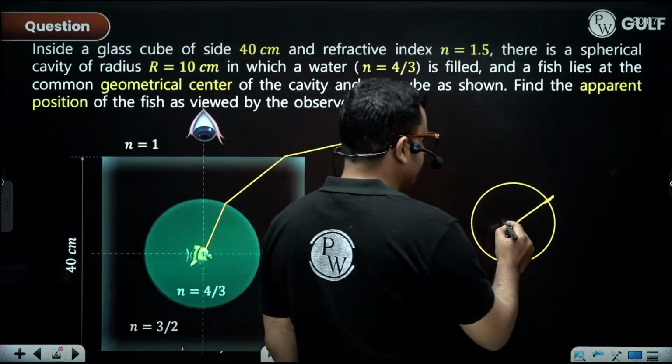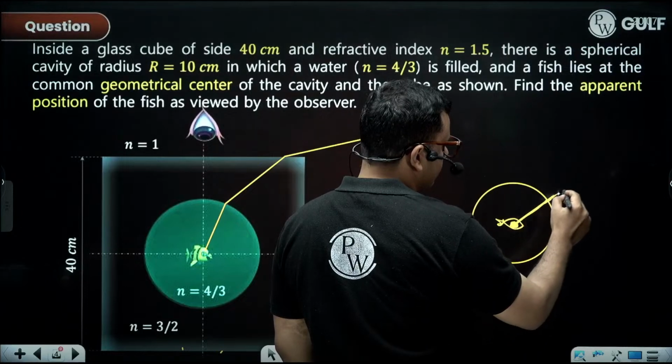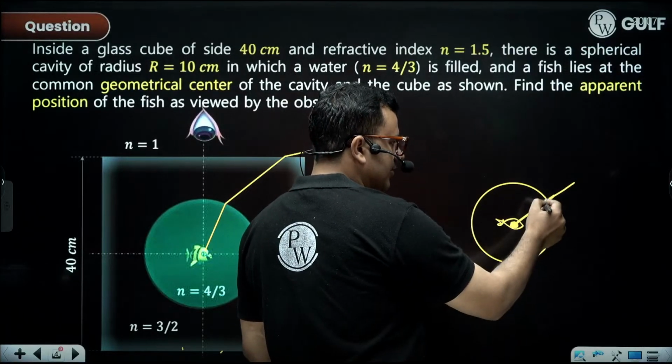This is your fish. The ray is coming out like this, and this is also normal.